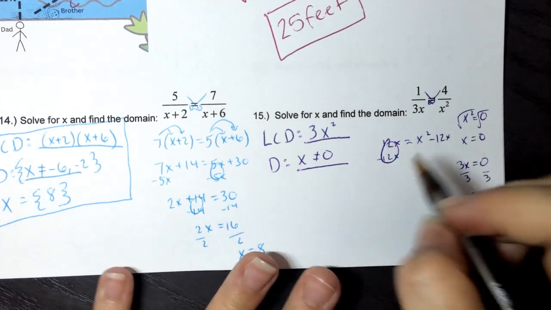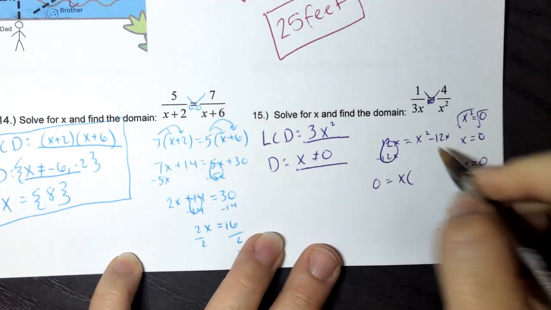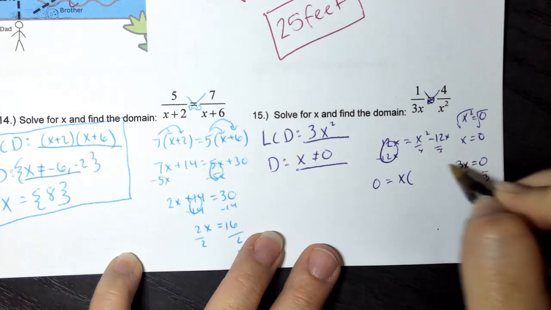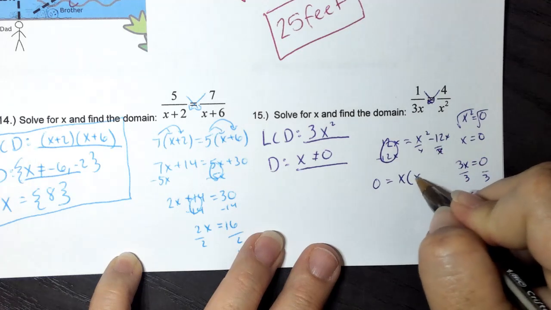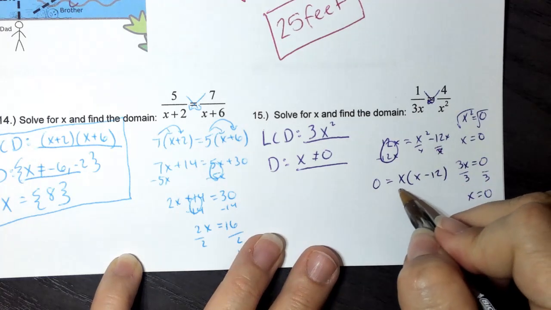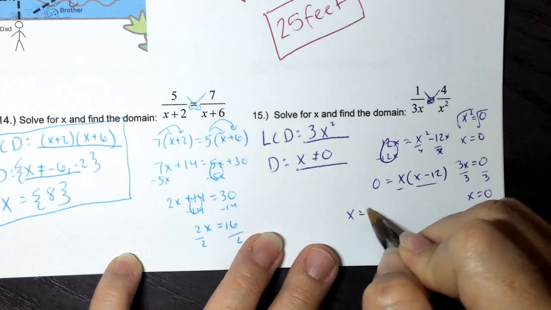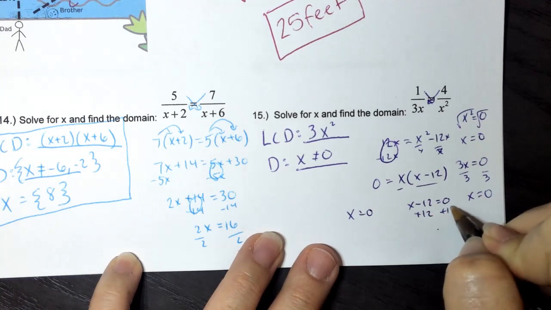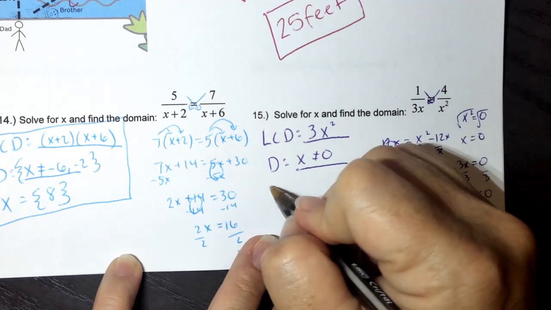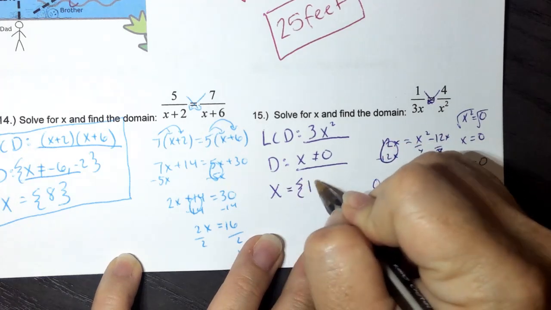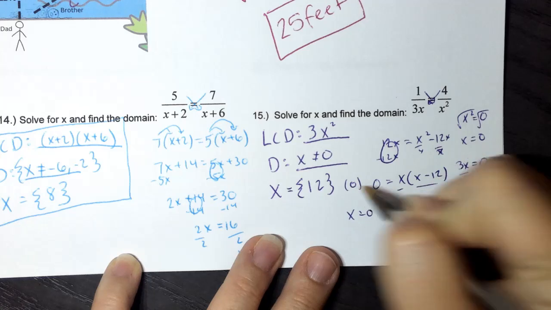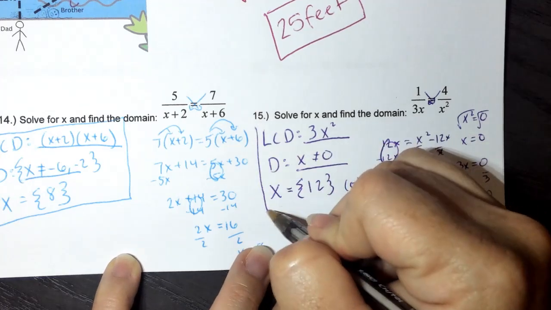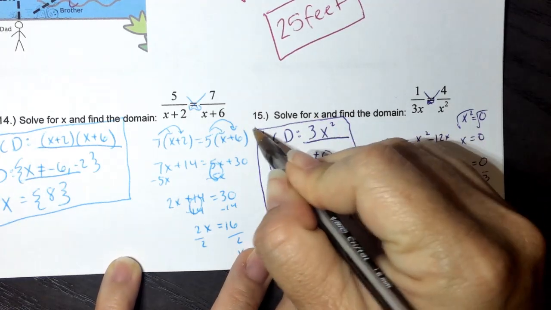Well, it's just a GCF problem, so 0 equals x parentheses, because if I divide out x, I get x minus 12. So I set both factors equal to 0, x equals 0, x minus 12 equals 0, plus 12, x equals 12. So I know that x equals 12 is allowed, but it cannot equal 0. So there is my answers there.